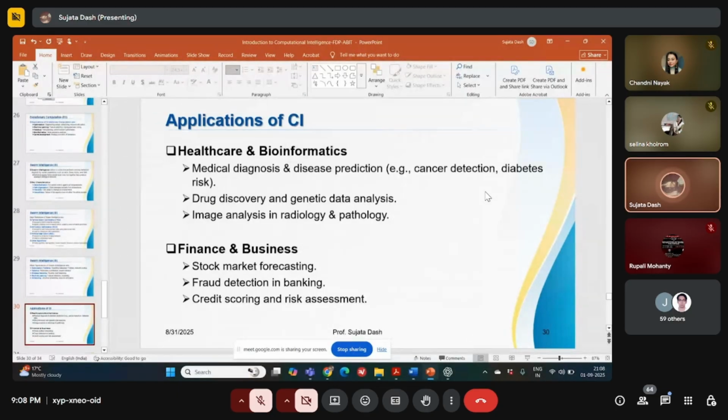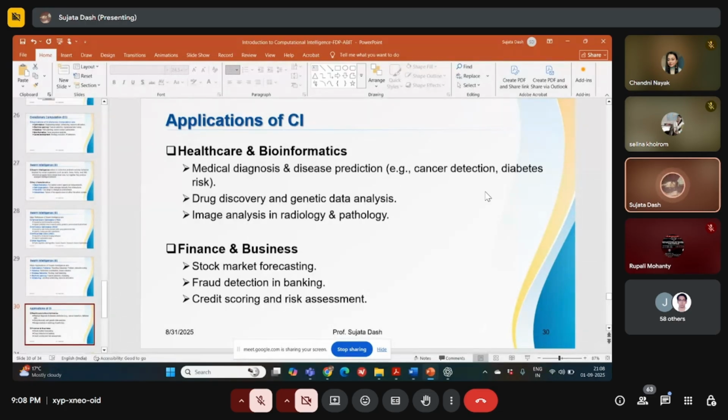So, for medical diagnosis and disease prediction, what it means is that computational intelligence models like neural networks, fuzzy systems and evolutionary computation can analyze patient records, lab reports, and symptoms to assist doctors.